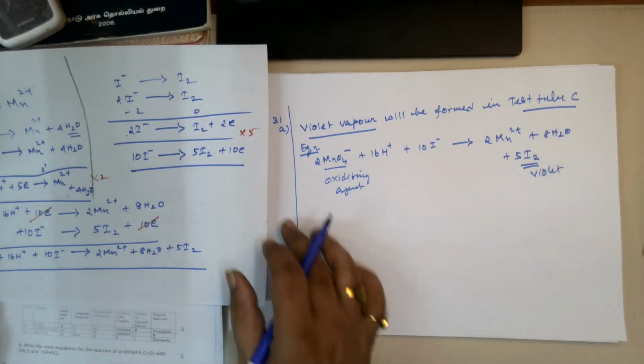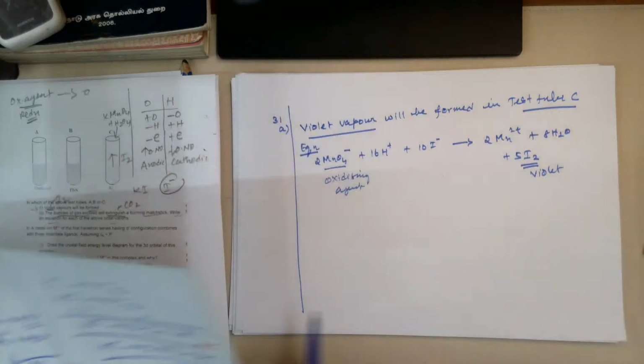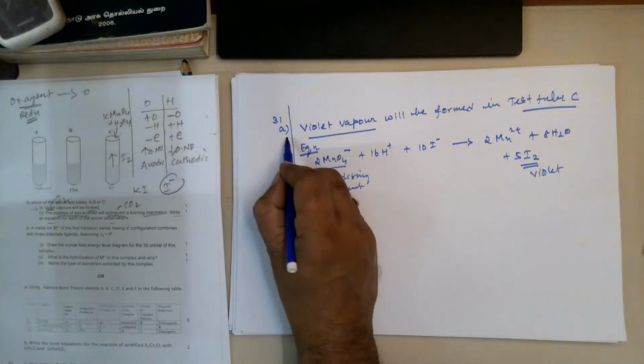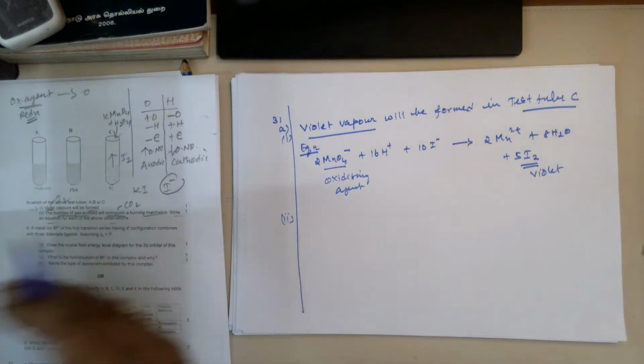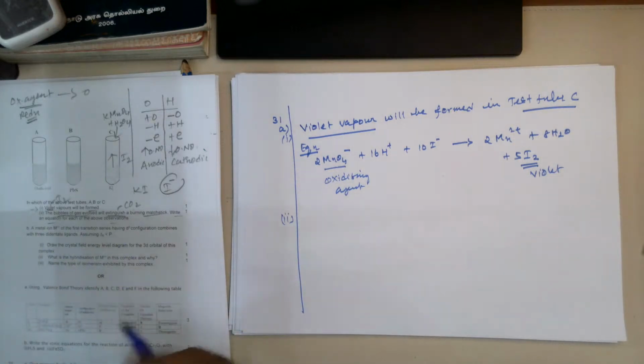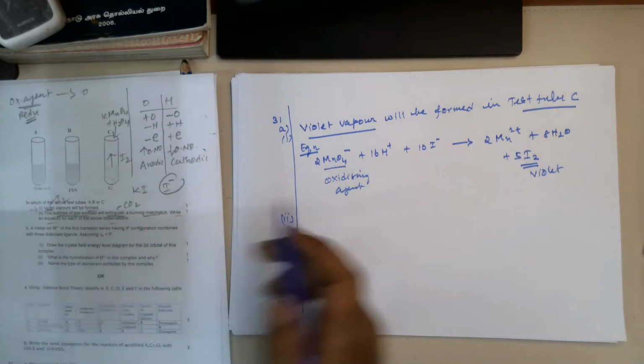Okay, right. And what is the next question they have asked? This is A, the first question, and the second question, Roman numeral 2. Reproduce the same order, same number. The bubbles of gas evolved will extinguish. Okay, so write the equation.